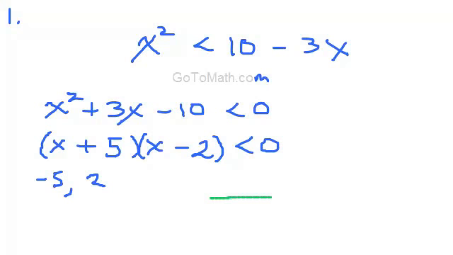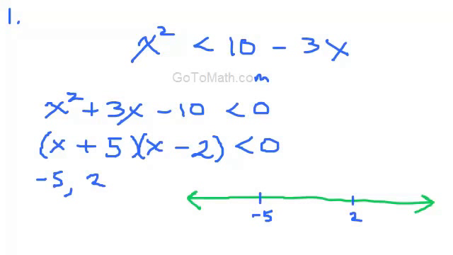Of course, this is just a one-dimensional graph. And we're going to label our zeros. We call these our zeros, and we will label them on the graph. So let's put negative 5 right here, and we'll put 2 right here.